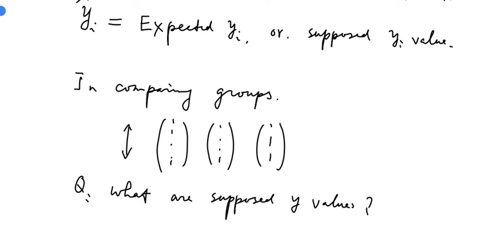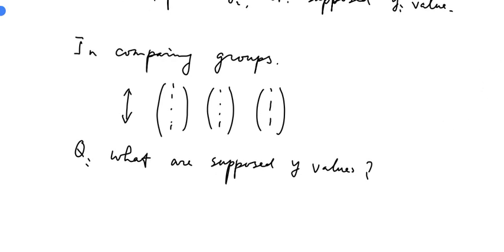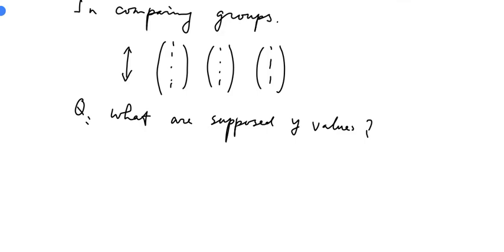If there is no change, then the supposed value should be the group mean. So y_i hat is the group average, the group mean.